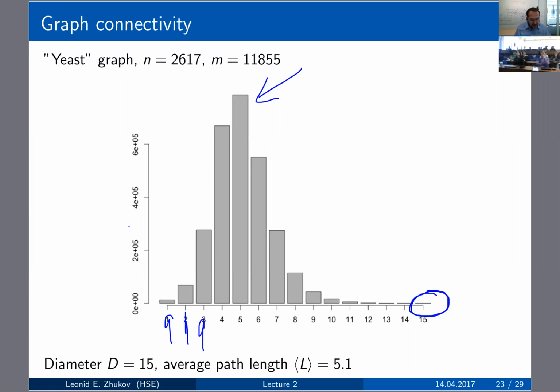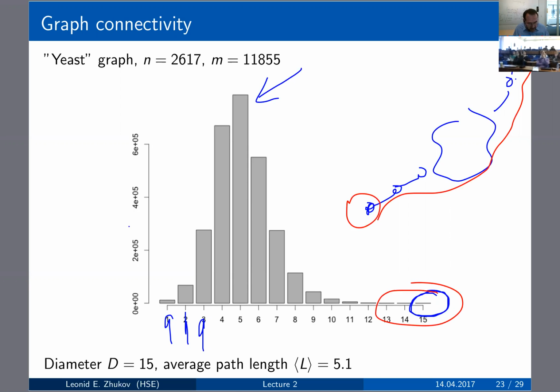Those would be a node somewhere here and a node somewhere there, a very long pathway. There will be a few of those, but the majority is right here.